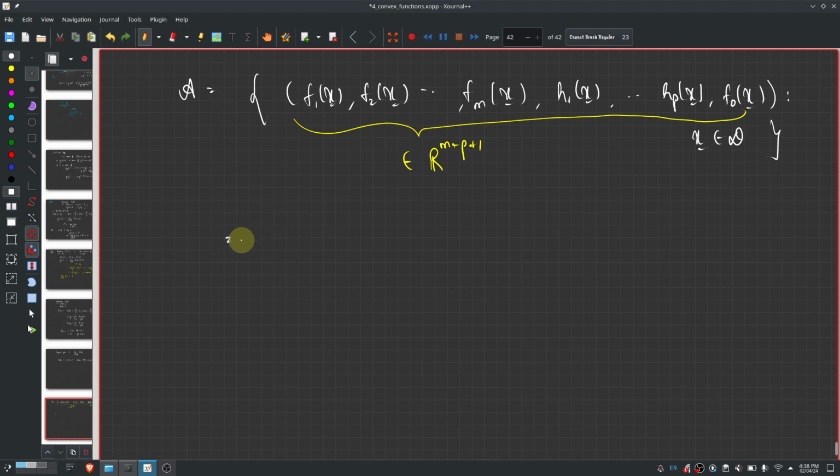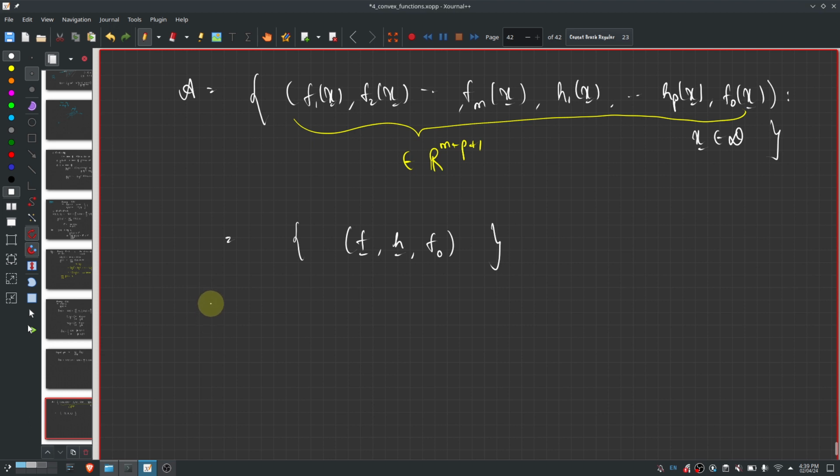Just for convenience, I'll write this as the set of all vector f, vector h, and f0, with the assumption that there is some x that achieves these values. So what is the constrained minimum equal to in this particular set?